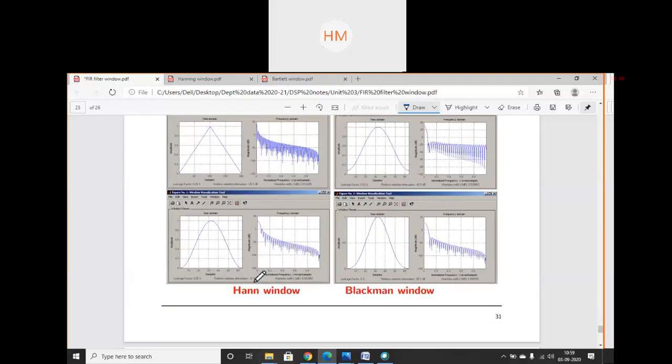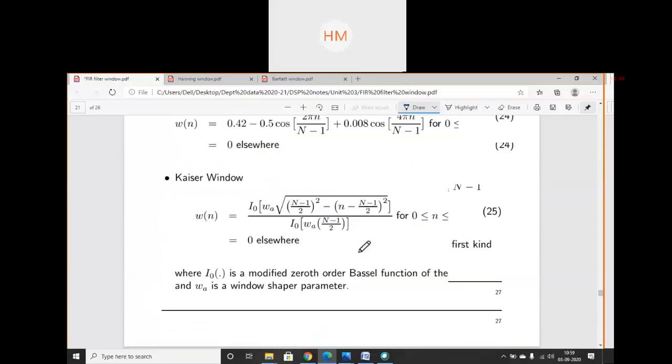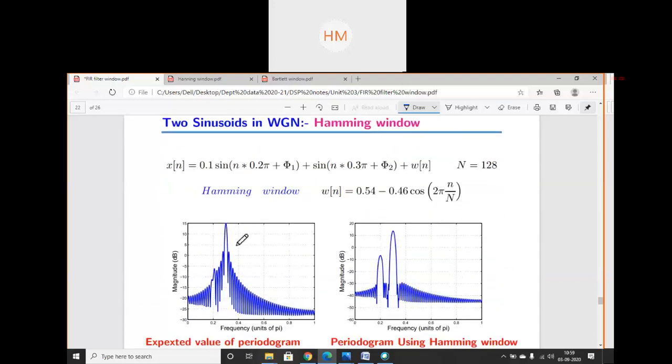These are the outputs in MATLAB. So the first windowing function was rectangular. And see, it will have a main lobe and side lobes. You can see in this figure, this is my main lobe where the maximum energy will be stored, and these are my side lobes. So this main lobe and side lobe will have some duration. That duration is very important, that we will discuss.